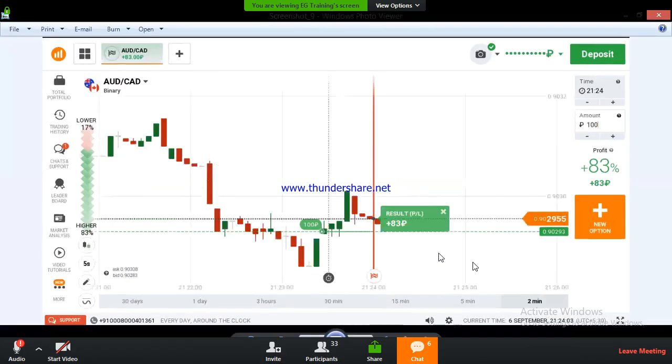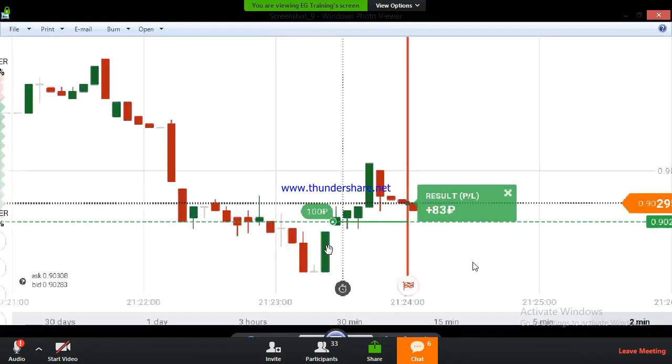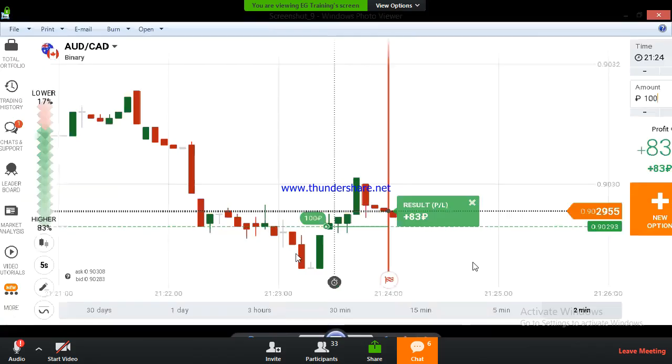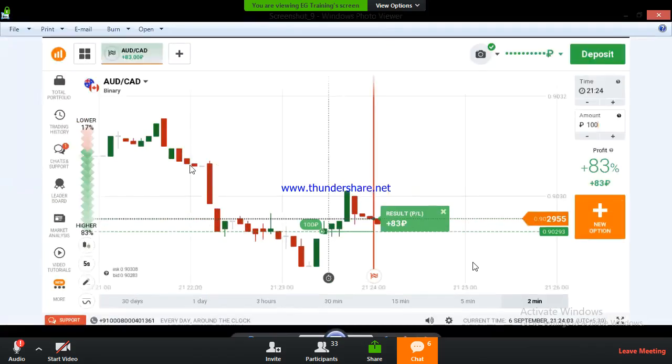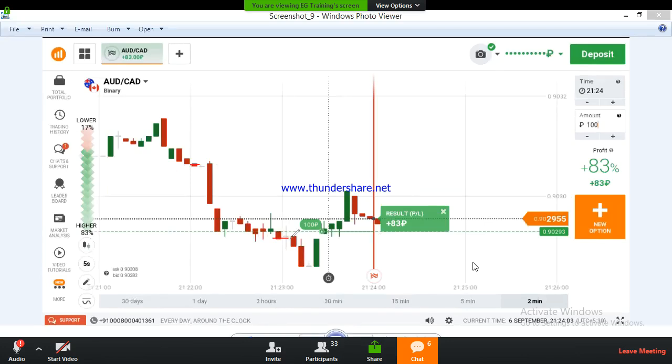Yes, sir. The candle closes below the level. Above the level. This red candle. Where is the closing one? Okay, sir. This is the opening price of the next candle. First candle, second candle, third candle, fourth candle. This is the fifth candle, the confirmation candle. Okay, sir. These are the remaining 6 candles. Okay, sir. Got it? Yes, sir.